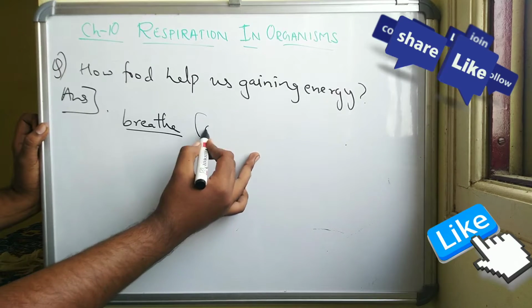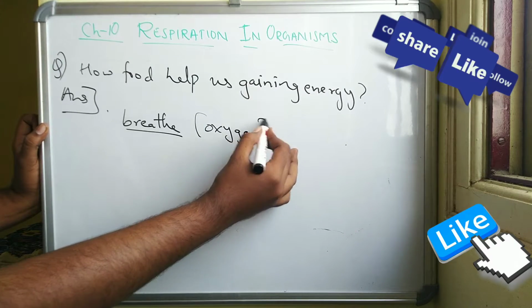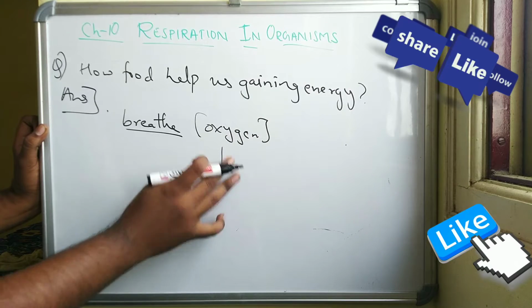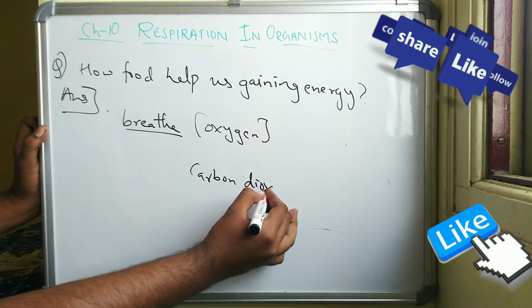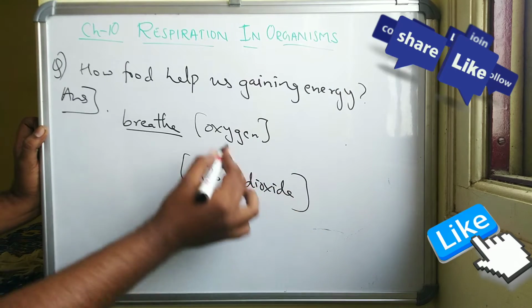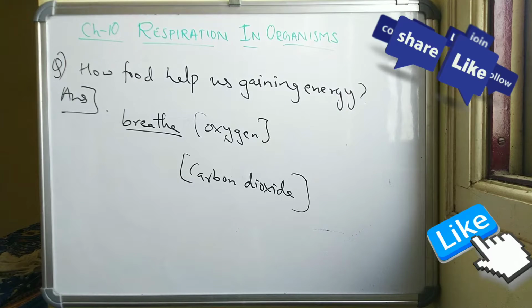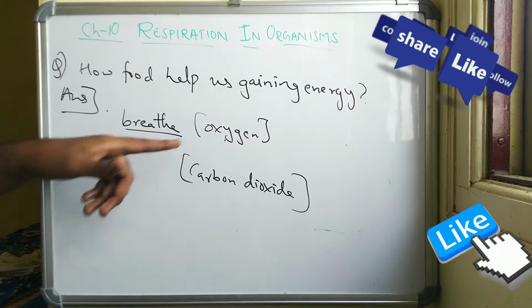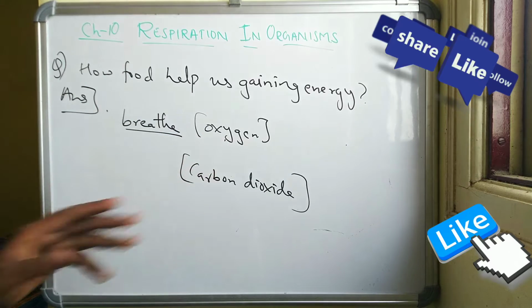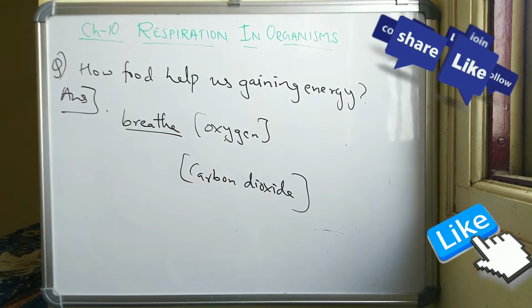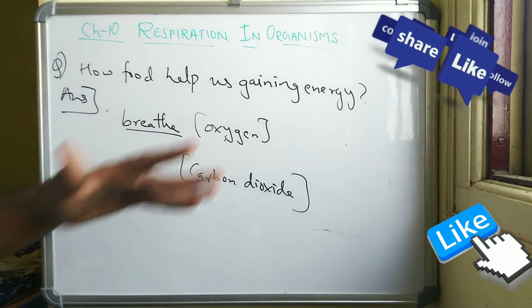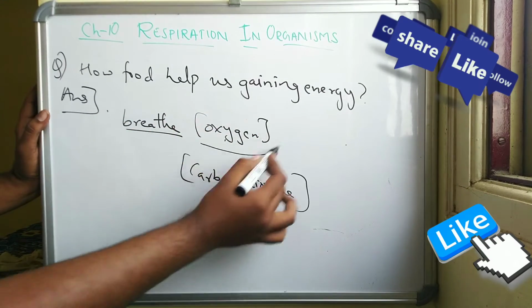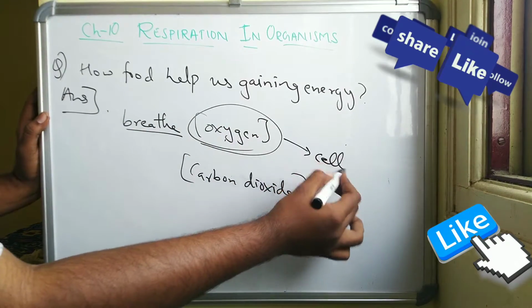We take oxygen and release carbon dioxide. Some sort of process is happening, so oxygen is getting converted into carbon dioxide. This oxygen is transported to all parts of our body, to the cells. Now what do cells do?